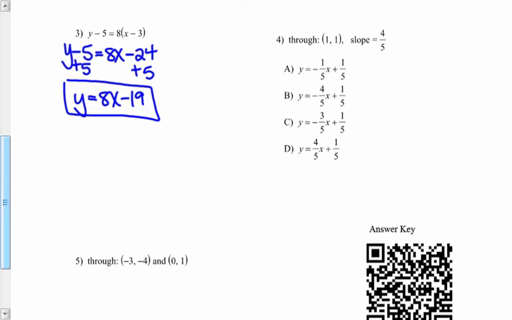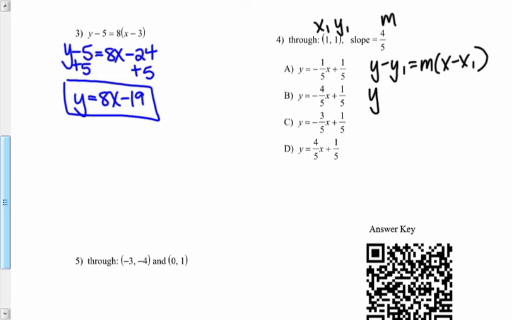On number 4, notice that all the answer choices are in slope-intercept form. But because it gives me the slope, which is m, and a point, remember the point would be x1, y1, we're going to actually start in point slope form. So I'm writing that form as a reminder from your notes. And I'm going to fill in that information based on what was given in the problem.